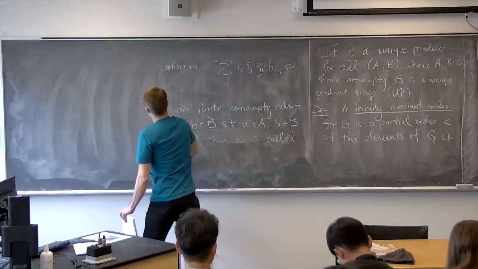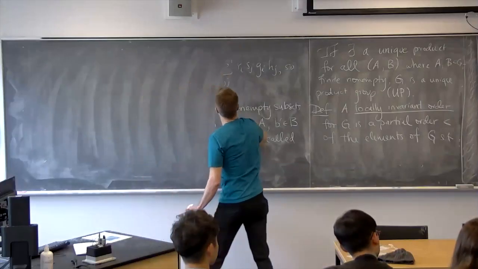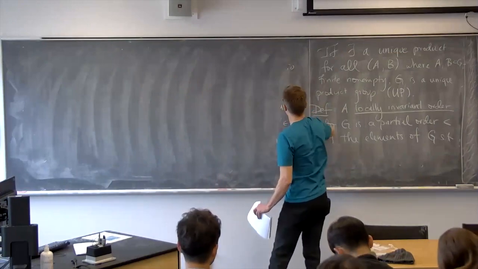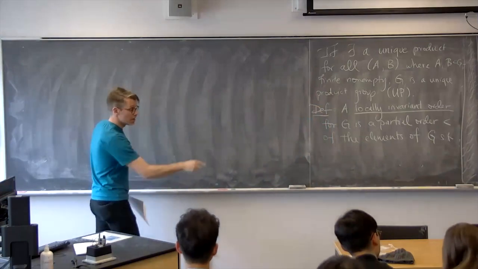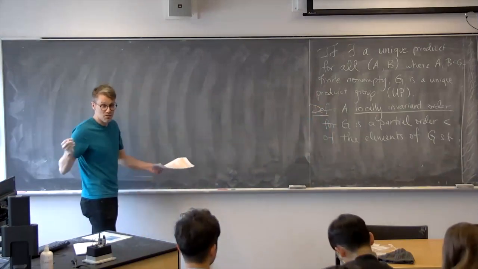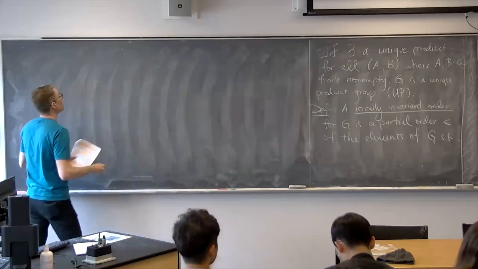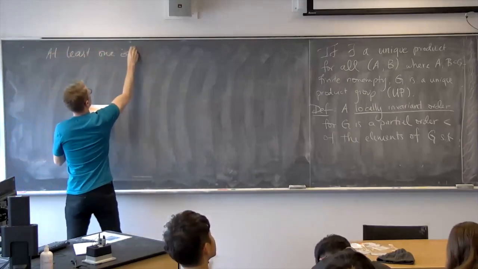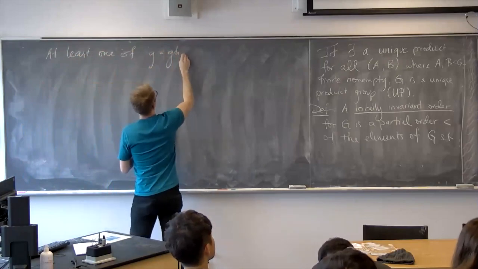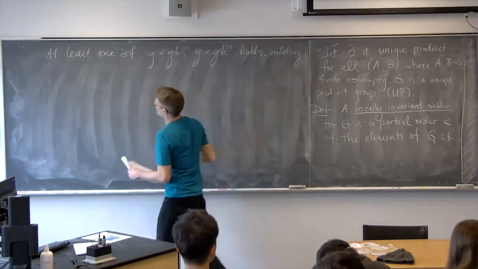One of those things, GH or GH inverse, has to be bigger than G, but G was maximal, and GH and GH inverse are both in ST, so that violates maximality. So at least one of these is violating maximality.